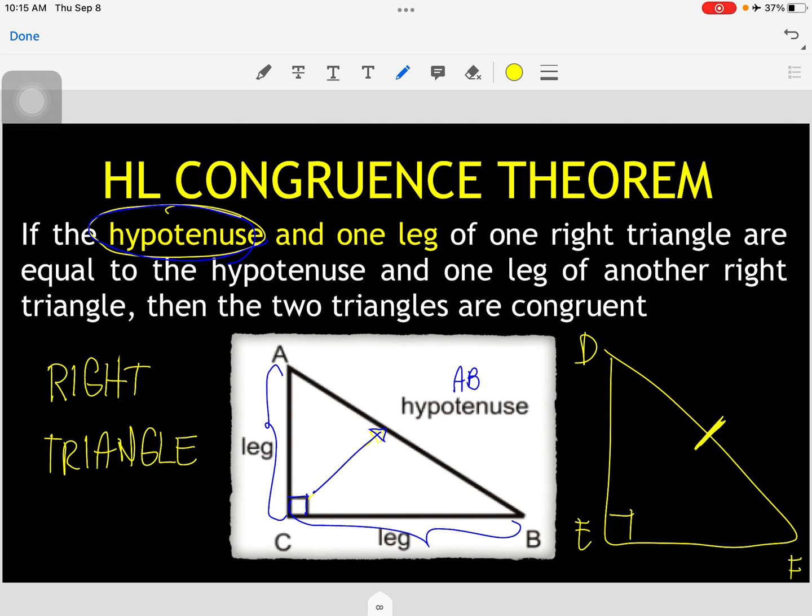If side DE is congruent to side AB, so they are both hypotenuse, right? And let's say AC is congruent to DE, then we can conclude right away that the two triangles are congruent by HL congruence.